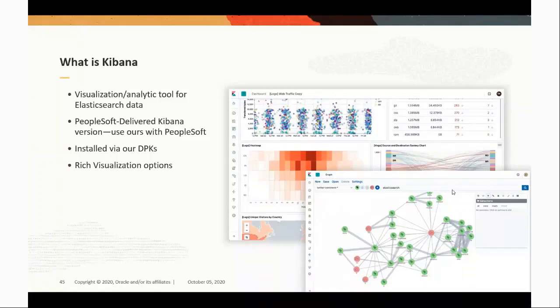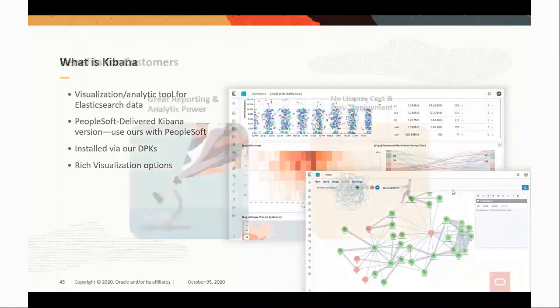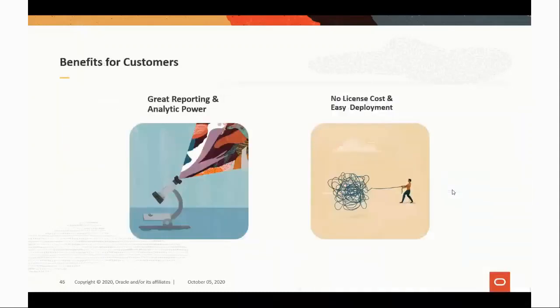It's installed via our DPKs, but it gives you all those same kind of rich visualization options. So the benefits to you and to your users in particular are great reporting and analytic power, no license cost, and easy deployment. So it's quite a rich tool that doesn't cost a lot to use.